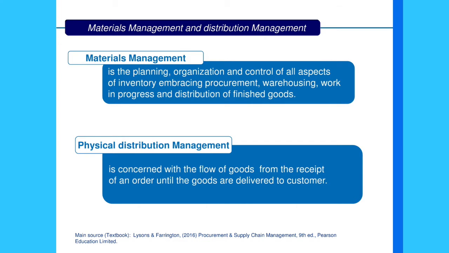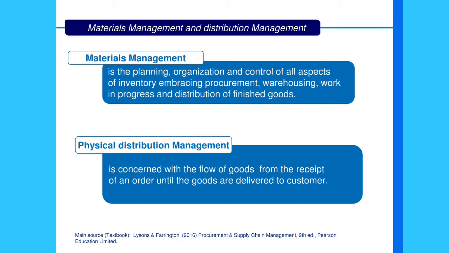Then comes physical distribution management. Once organizations have produced things, they need to market them, or supply them to their business partners or distributors, up to the customers. So physical distribution management takes control of those movement activities which are beyond the organization.